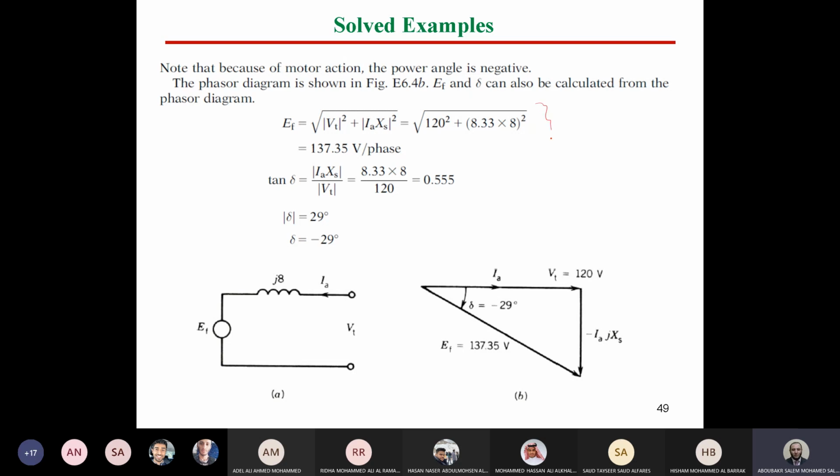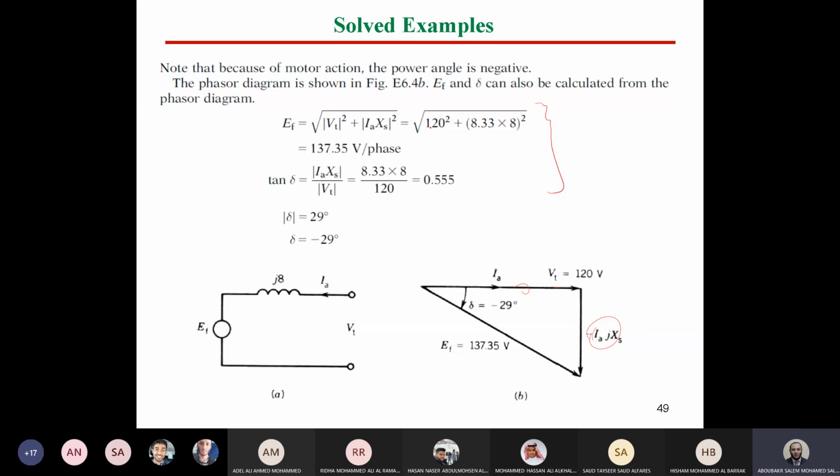This is another way to let you know how we can use the phasor diagram to solve our problem. We already have the value of current, right? So at unity power factor, you know the shape of the phasor diagram. This is a right angle triangle. So you have the value of IA multiplied by XS, and you also have the value of V terminal, this line.